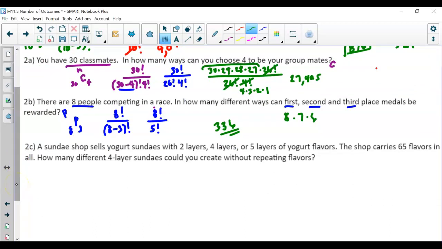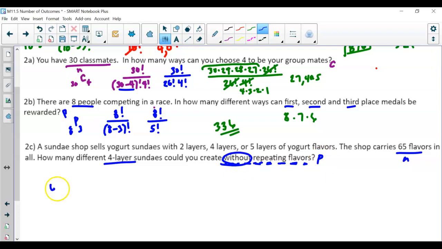So then 2C, the Sunday shop. The shop carries 65 flavors. So there's our total, right? How many different 4-layer sundaes could you create without repeating toppings? So there are 4 layers. So again, but here's the key. This is without repeating flavors. So because this is without repeating flavors, then this is a permutation because now you can't repeat.